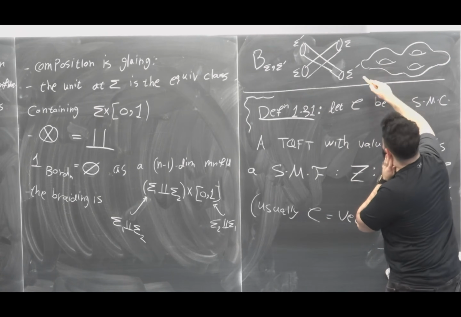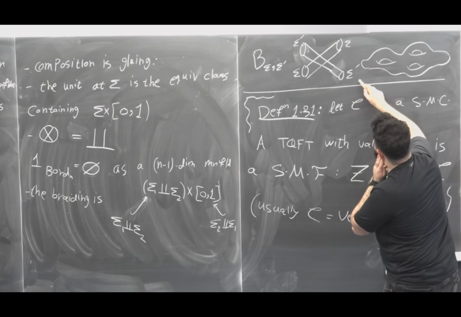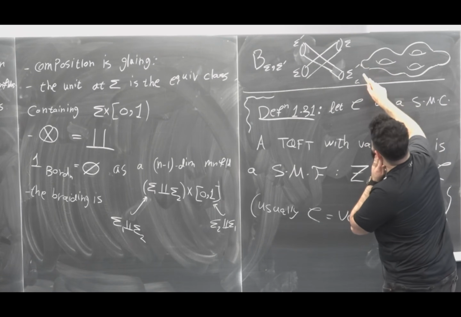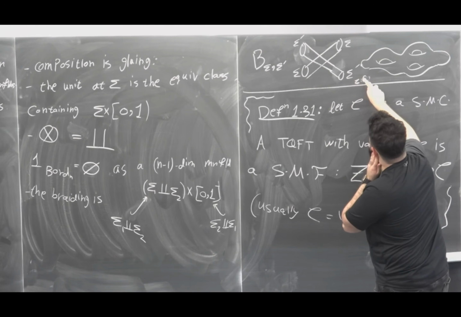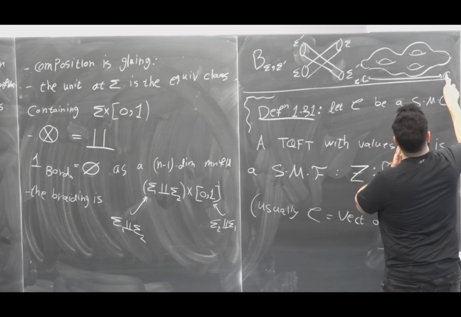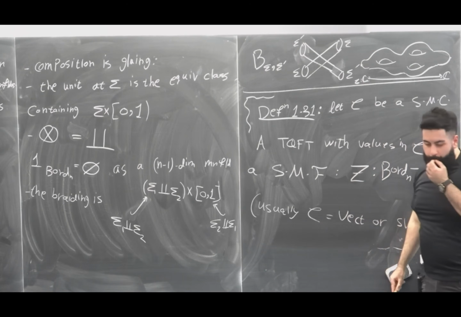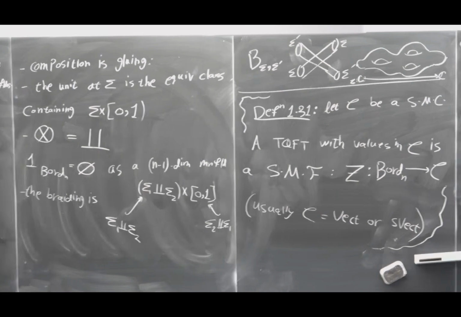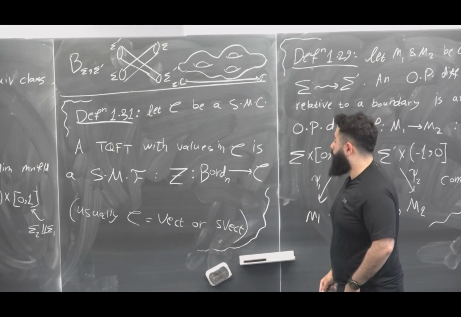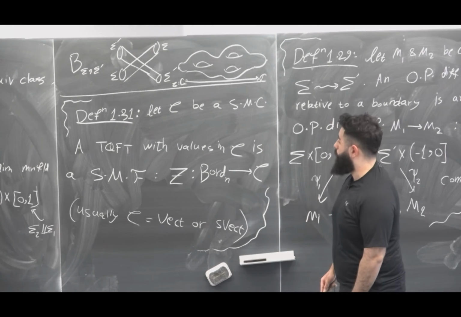So the partition function will be a map from C, this zero vector space, to C here. And so this turns out to be a topological invariant, this partition function in QFT. So now we know what the definition of a TQFT means.